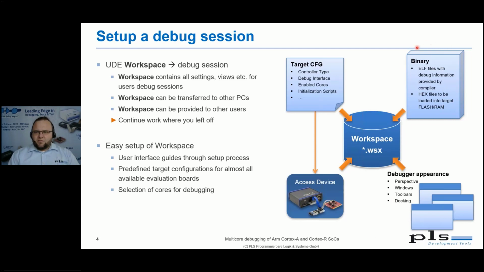Then we have binary files, which are the application and the debug symbols of the application that is executed on the target, for the debugger to have the information about where the variables are located, where the functions are, local variables, lifetime information, and so on. Then we have this access device, which is doing the physical connection to the target system.